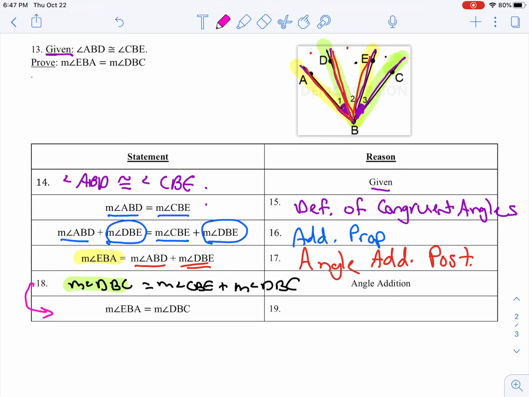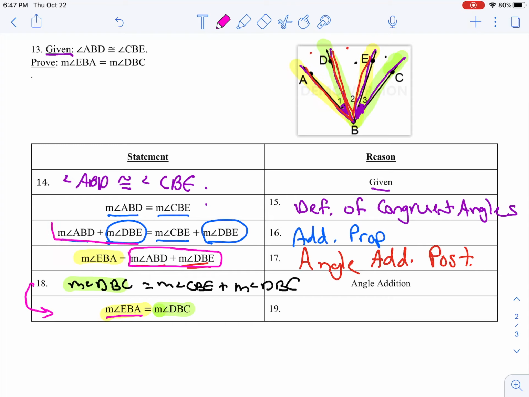So what happened here? Well, we have the measure of EBA, that was this yellow angle right here, and it is equal to DBC, that's what we highlighted as this green angle. So where did these things come from? Well, look at EBA right here is equal to ABD plus DBE.